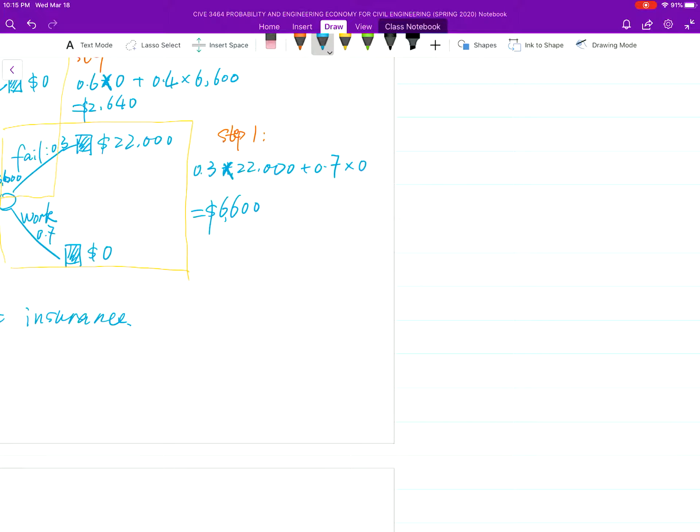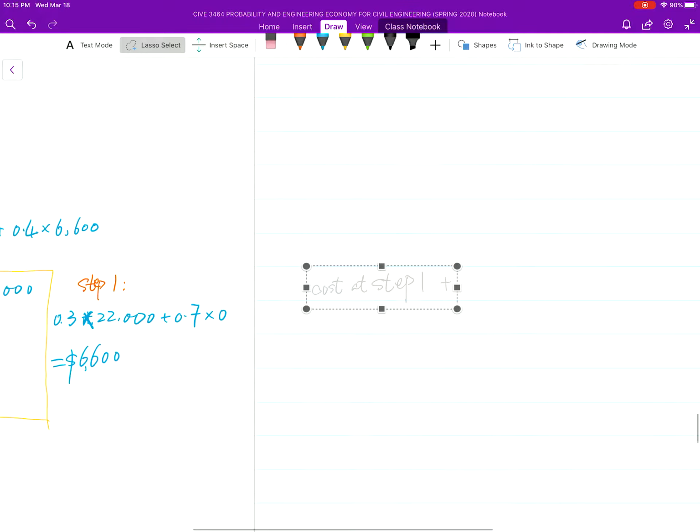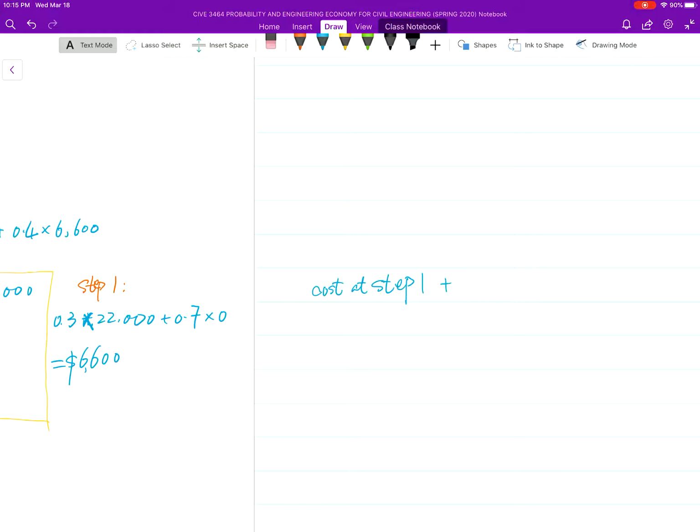So basically what we have is the cost at step 1, plus this is part 2.